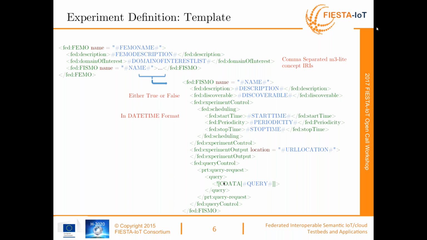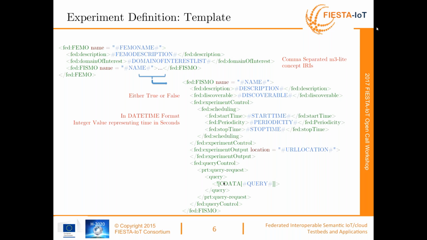For discoverable, it can be either true or false. And this makes it easier for the execution engine to tell other experimenters, so they can reuse your experiment. I will talk on how this can be done. I will show you a demo.